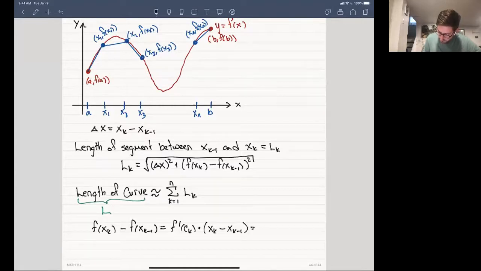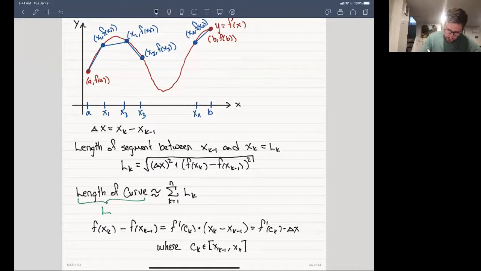Right? And so this is really just the derivative at some ck times delta x, where ck is between xk minus 1 and xk.